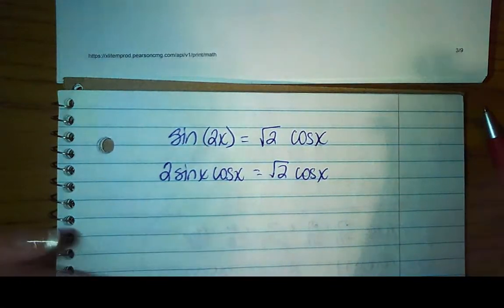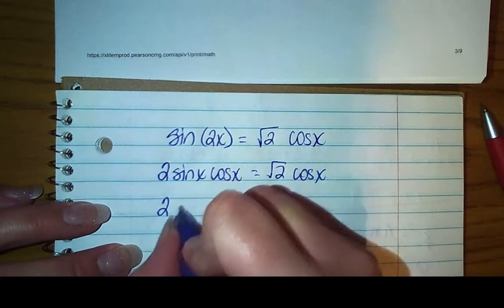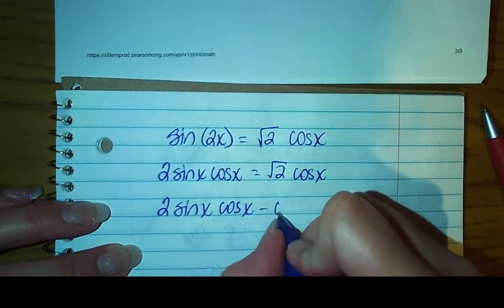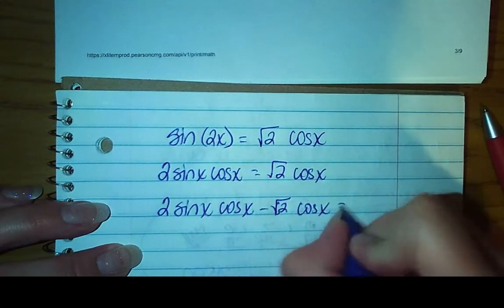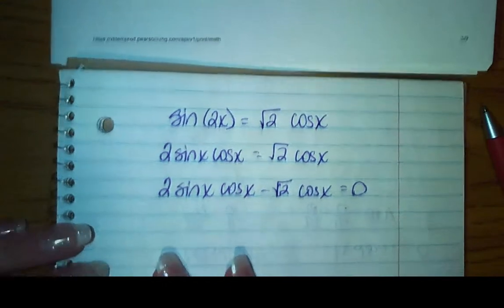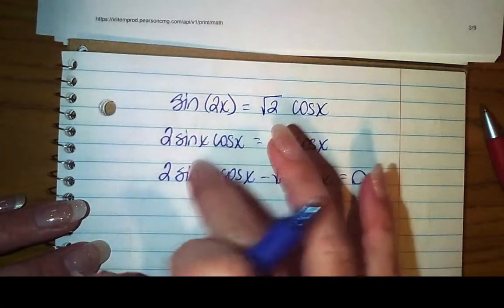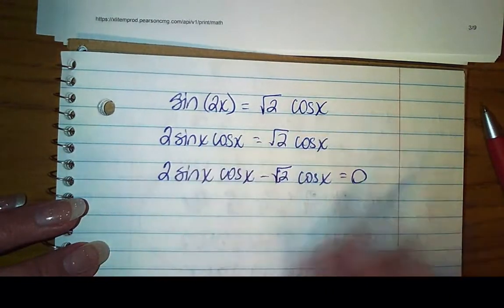Now I notice I've got cosine, so I'm going to bring everything over and set it equal to 0. So 2 sine x cosine x minus root 2 cosine x equals 0. I can now factor from here. I've changed it so that my arguments match. I used a double angle identity, and now I can factor.